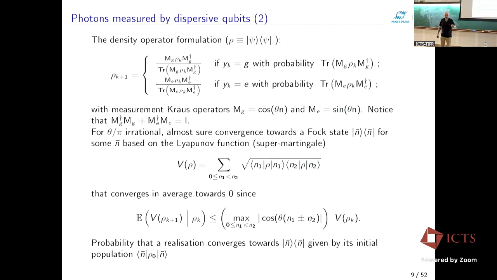The only possibility is that the probability to converge to state n is exactly the initial population. Okay? So with this mechanism, you have completely analyzed, in fact, the stochastic behavior of your system. And it corresponds exactly to quantum non-demolition measurement of photons, because you preserve the energy. Okay?